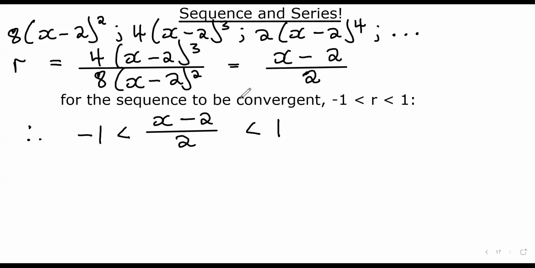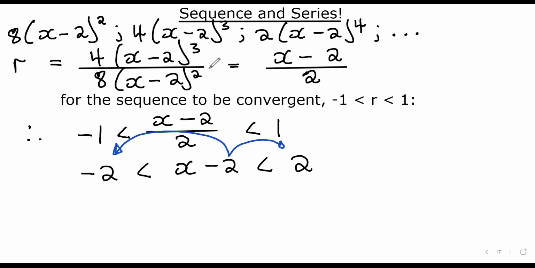And now it's time for you to solve for x. So you multiply throughout with the 2. And then you transpose the 2 to both sides. You take it to the left, you also take it to the right.